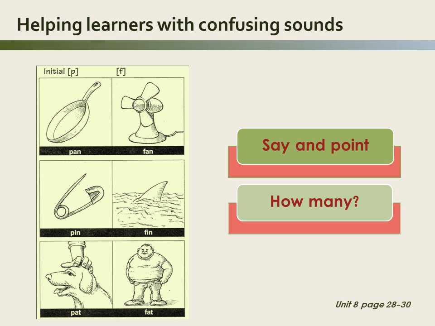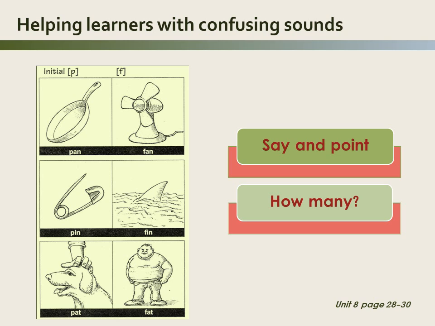They say, you point. Once they get good at this, what you can do is take a pair, like pin and fin, and say these pairs 5 times. And ask your learner to say, for example, how many times did I say the word fin here?